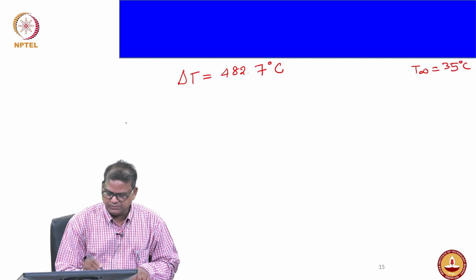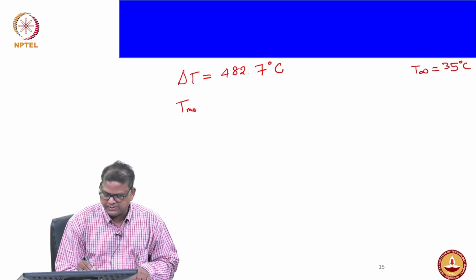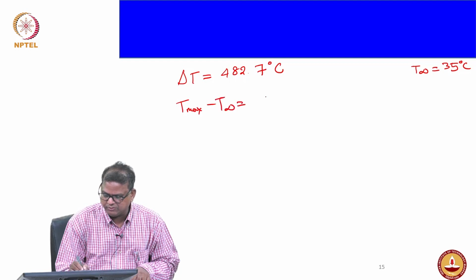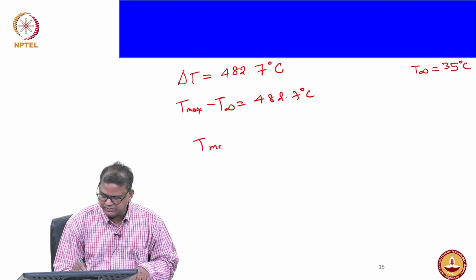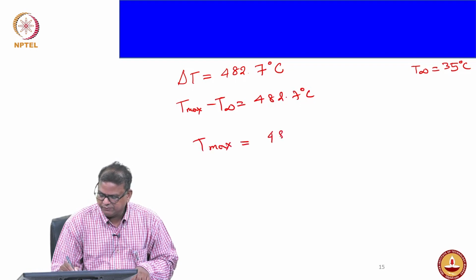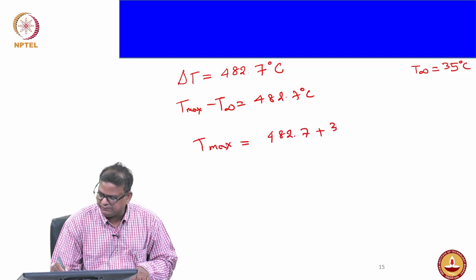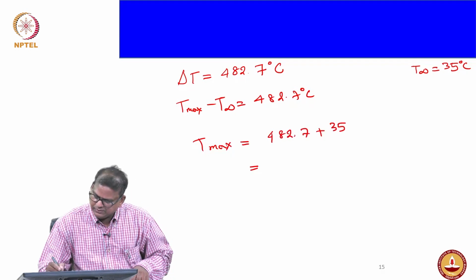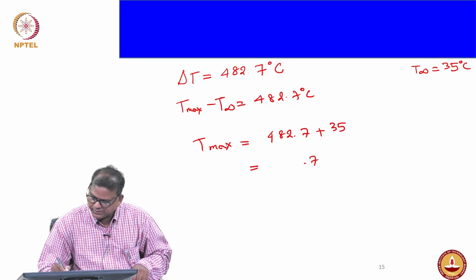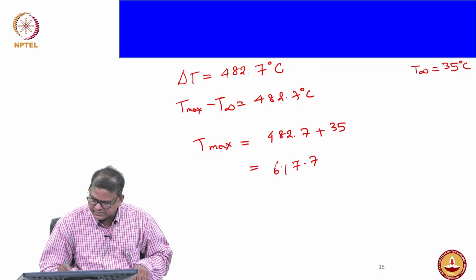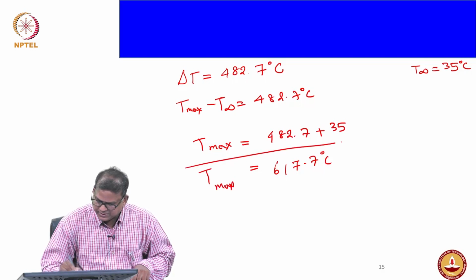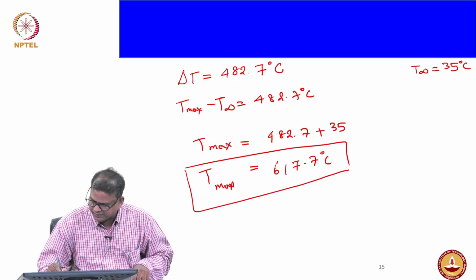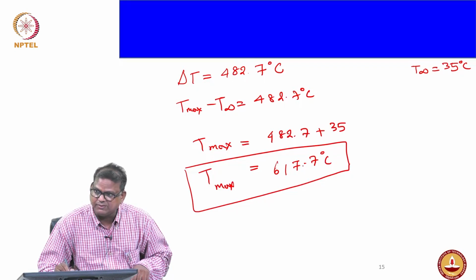Then T max, the T infinite, will be 48.7 degrees Celsius. What would you expect T max to be? The maximum heat generated you are expecting is 617.7 degrees.